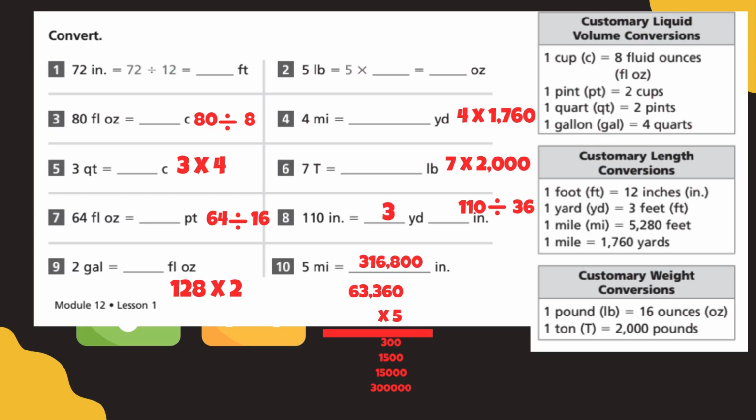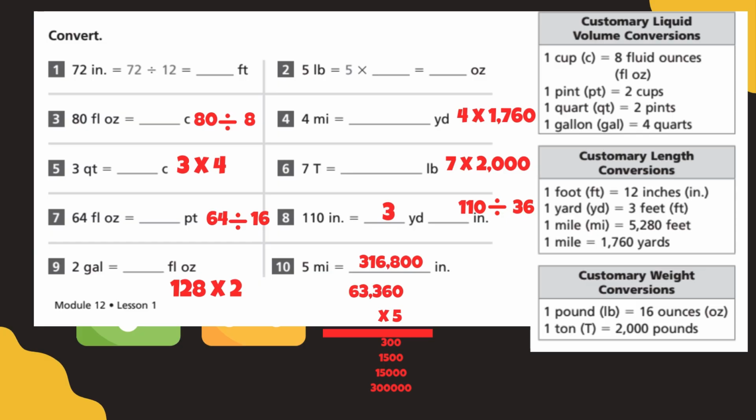Subtract that answer from 110 to get what's missing in inches. Number 9, 2 gallons equals how many ounces? 128 times 2 equals the amount in ounces.